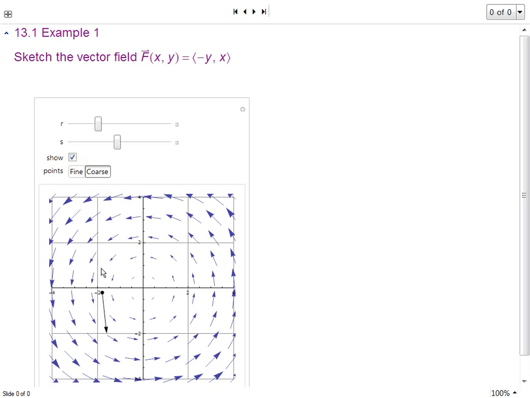According to this diagram, as you move to the right, the vectors are always pointing upward, and they seem to get longer as you move out to the right. Let me see if my point actually matches that. Bring this one back up. Okay, look at that. All those vectors over here are pointed up, and as I move to the right, the vector is getting longer.